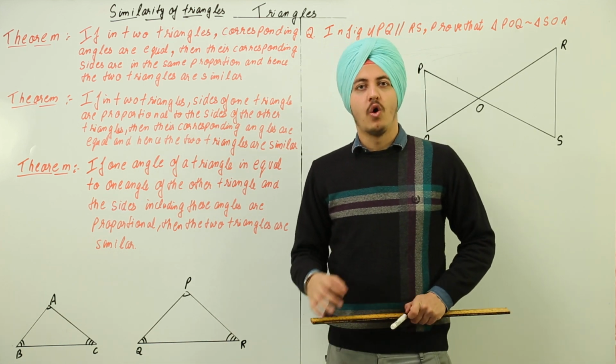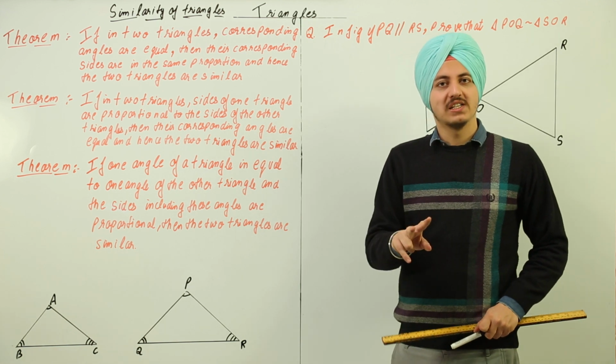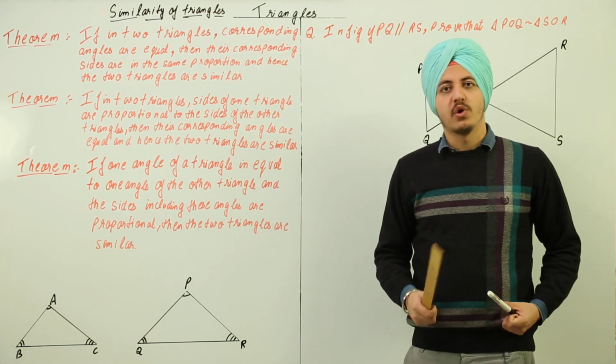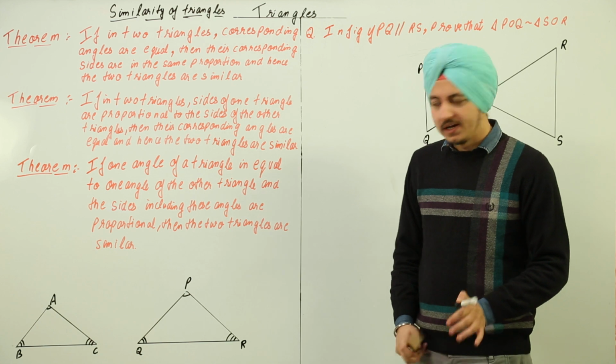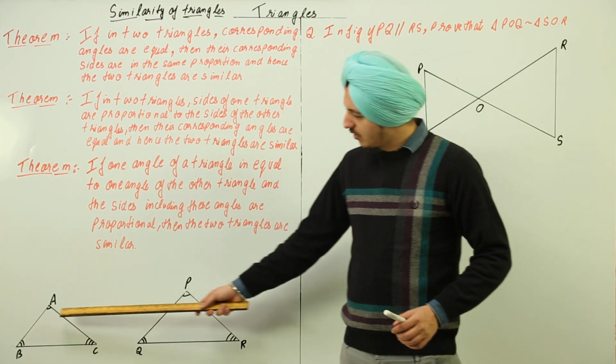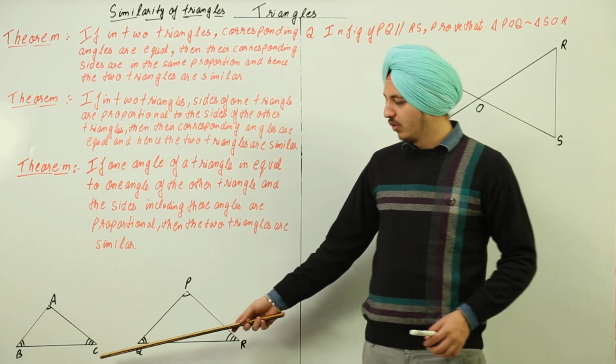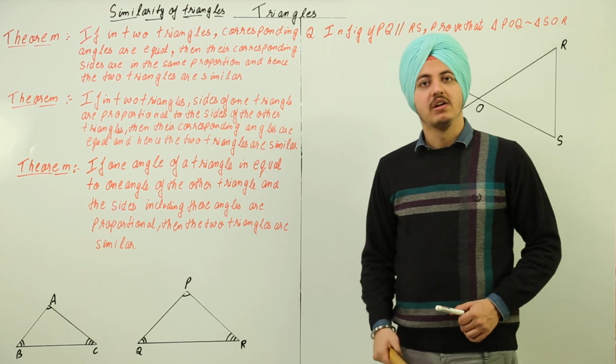First of all, the basic thing: if two triangles are similar, all their corresponding angles would be equal. Like if these two triangles are similar, then angle P will be equal to angle A, angle Q will be equal to angle B, and angle R will be equal to angle C. But there is another thing.